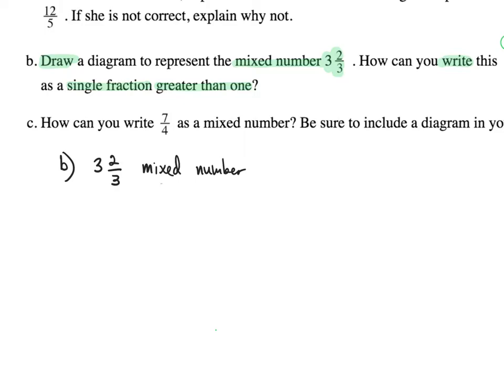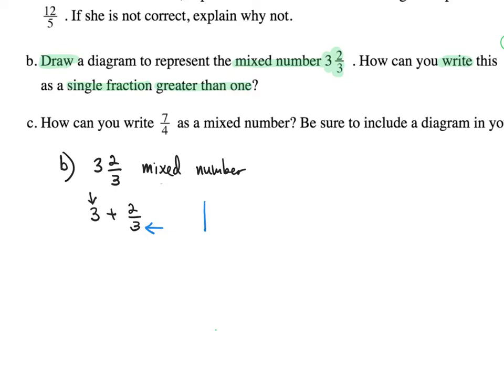So we can say number given. So in order to draw a diagram, that means 3 whole numbers plus 2/3. So I have to draw 3 separate whole numbers so I can represent that. However, I'm looking at, well, each whole number I should divide in 3 parts.